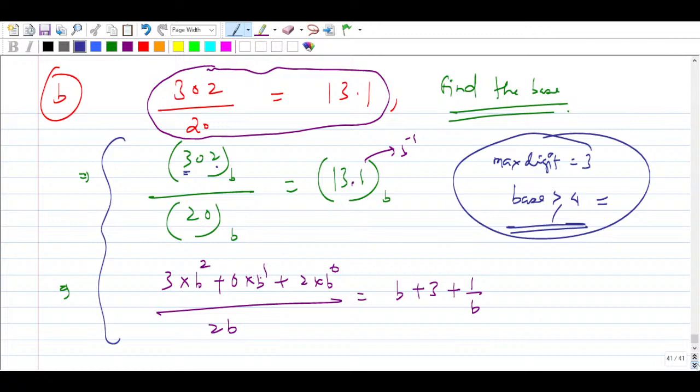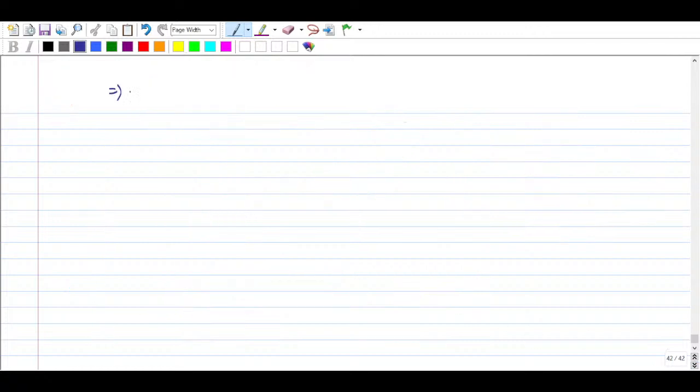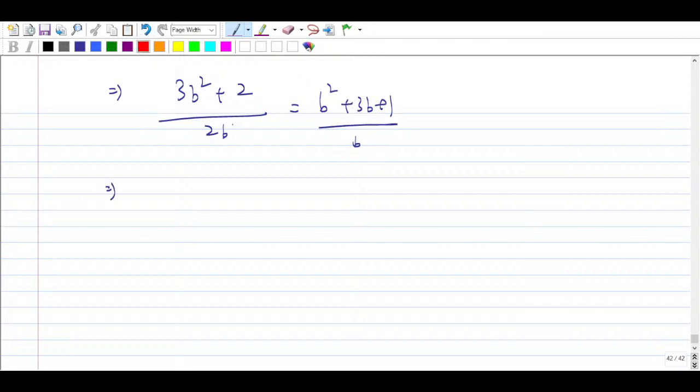So let me further solve this kind of a question. You can say this 3b square plus 2, 2b is equal to b square plus 3 plus 1. b we get cancelled both sides.